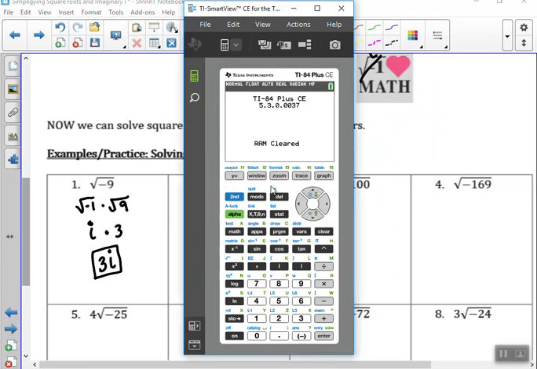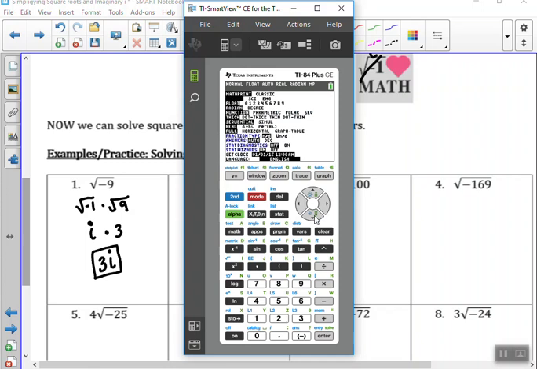Once you do that, you go to the mode right here and go down towards the middle. You see where the real part is blinking? We want to change that to A plus BI. So go to mode and change it from real to A plus BI.